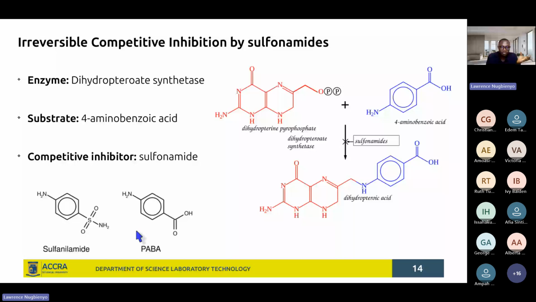And we see both of them are primary amines. That is, you have amine group on the ring, except that in place of the carboxylic acid group in the para-aminobenzoic acid, you are having some sulfonamide group in place of that. Of course, not so the same, but there is that similarity between them.